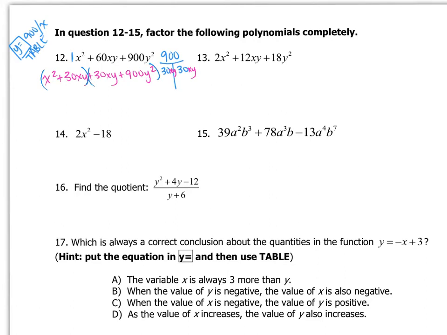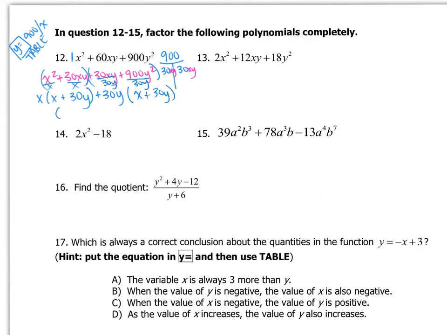So the first parentheses, I can take out just an x plus 30y. The second parentheses, it looks like we can take out a positive 30 and also a y. So I'm going to divide by 30y. And our leftovers would be x plus 30y. They match, which is great.